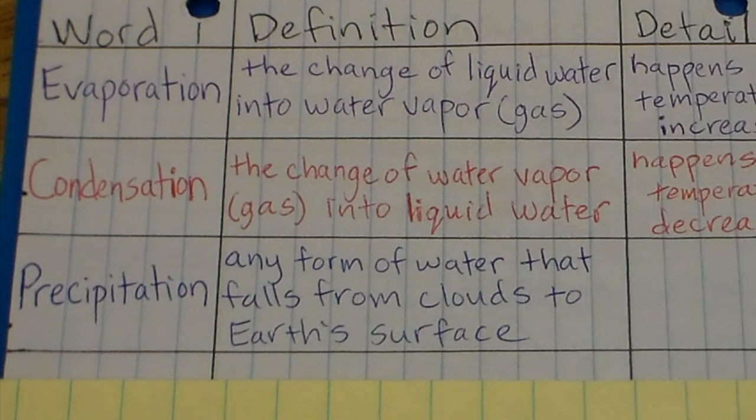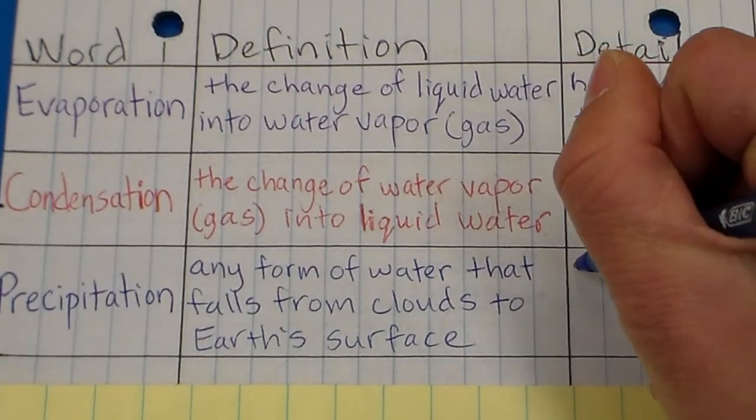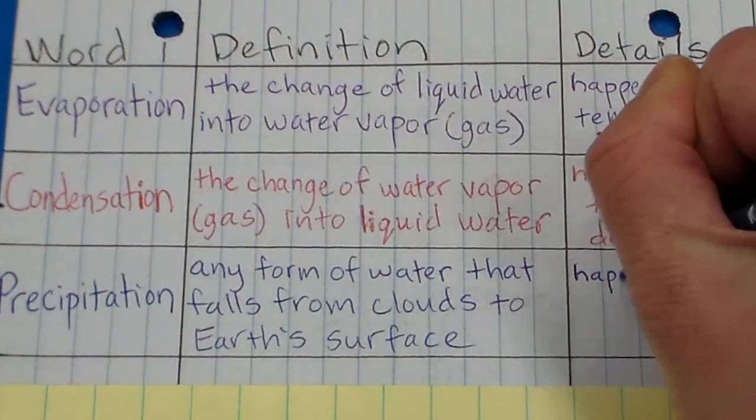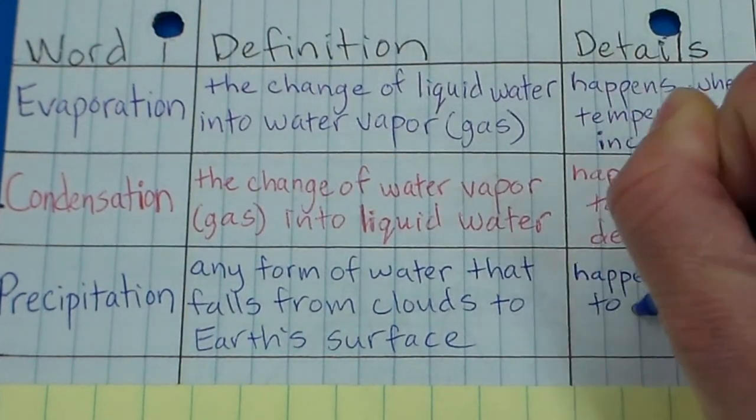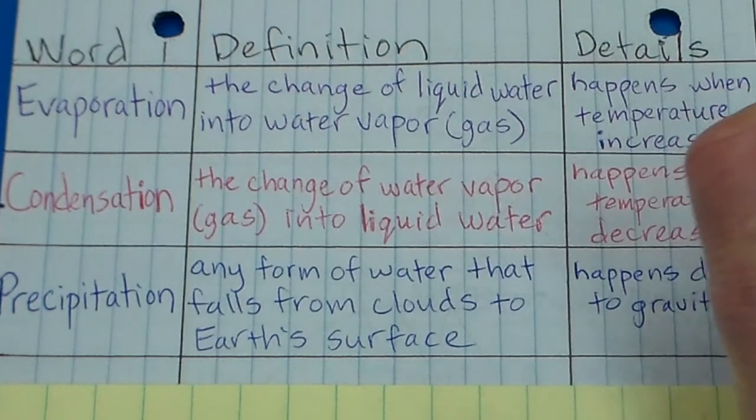So in the detail box, what I'm going to do about precipitation is this is where the force of gravity is going to become important, because those water droplets that get created in condensation, once they get heavy enough, gravity is going to pull them towards the ground. So precipitation, we're going to write for the details, happens due to gravity, right?